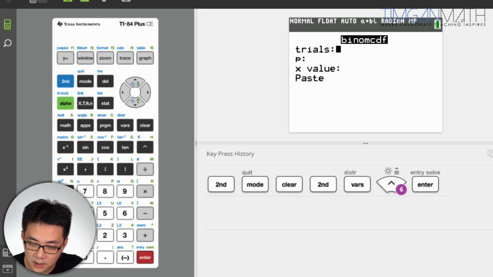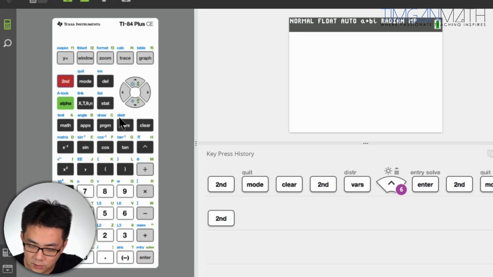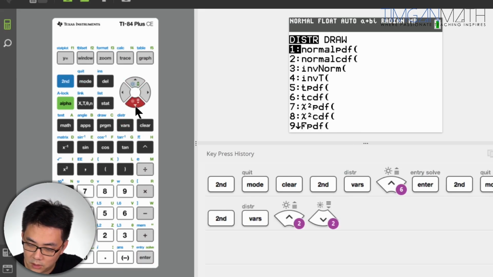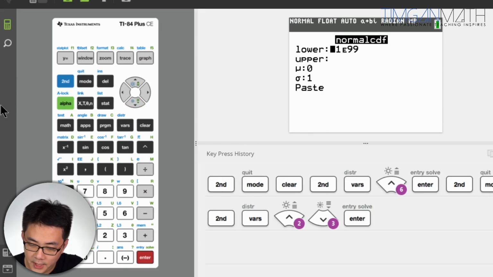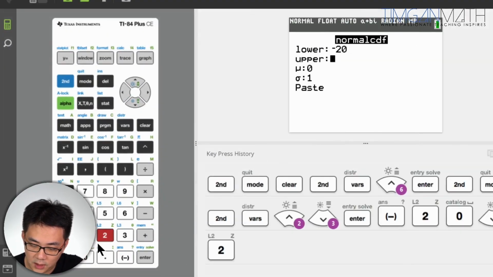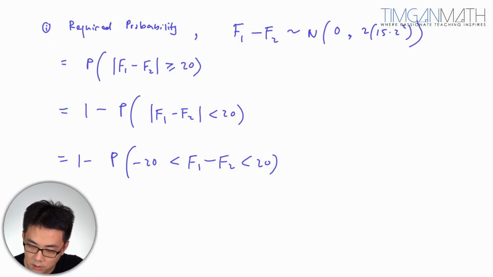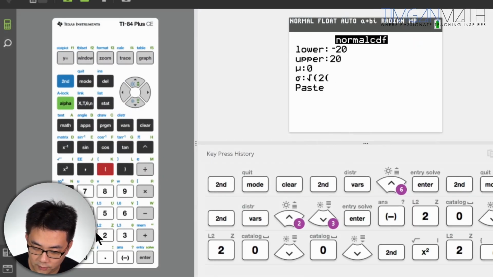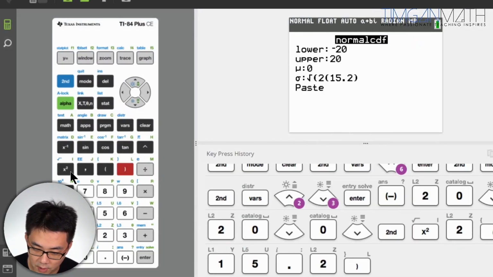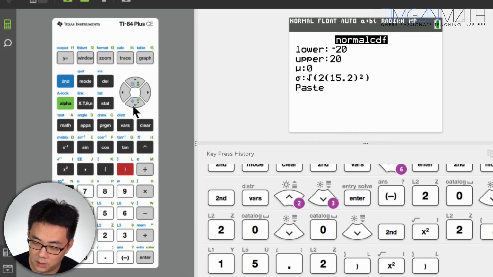Sorry, this is not binomial CDF, so normal CDF. The lower will be negative 20, and the upper limit will be 20. The mean will be 0, and the standard deviation will be the square root of 2 times 15.2 squared. Alright, so this is it.